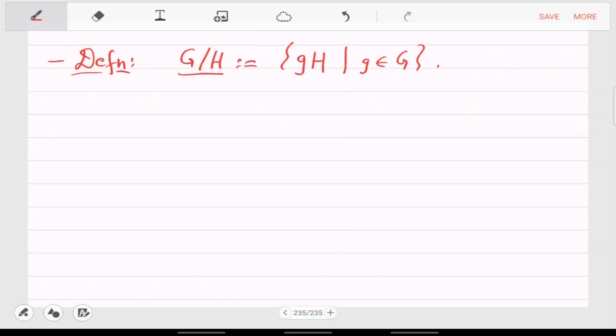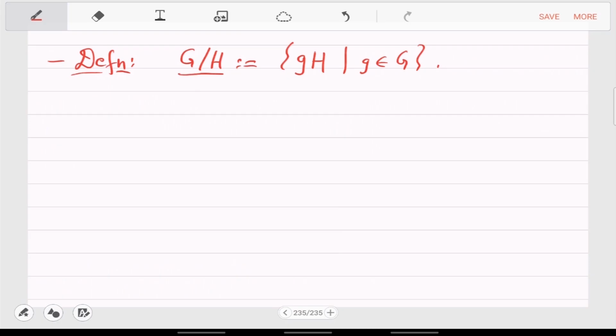So, small g times big H, these are all subsets. We are looking at a collection of subsets. So if you take the union of all those elements, the elements which you see here, how many elements will you see? Is there any element of the group G which is missing?